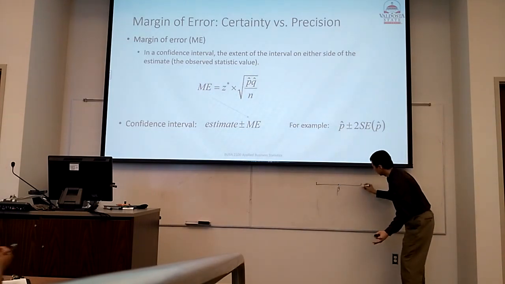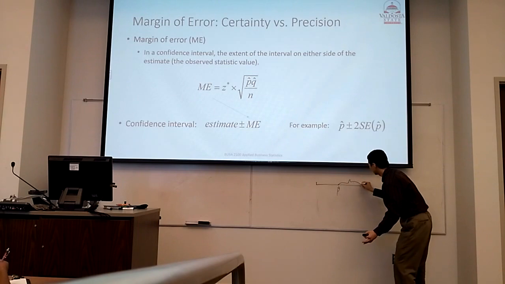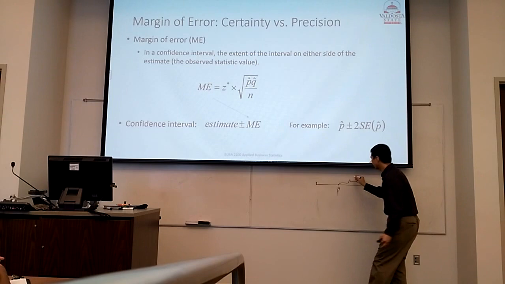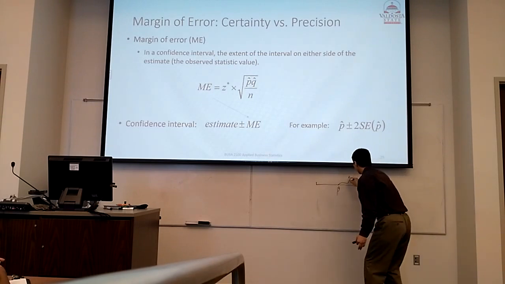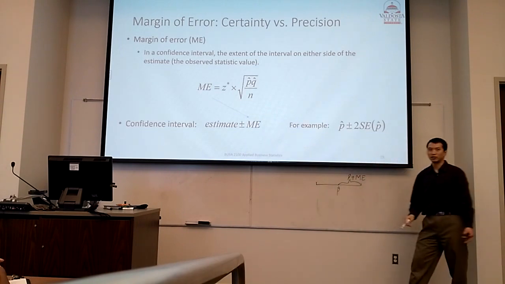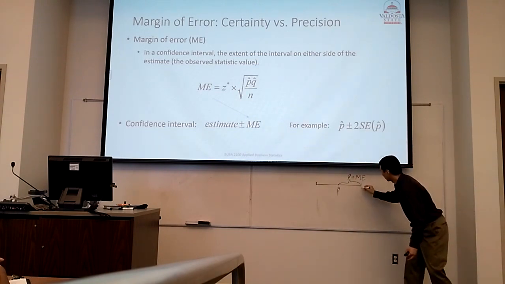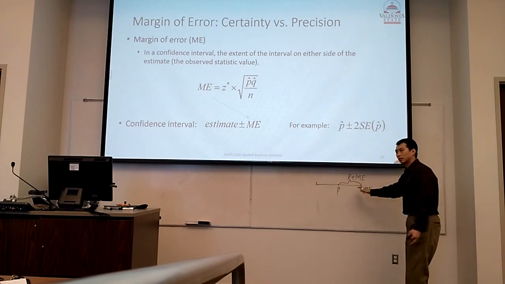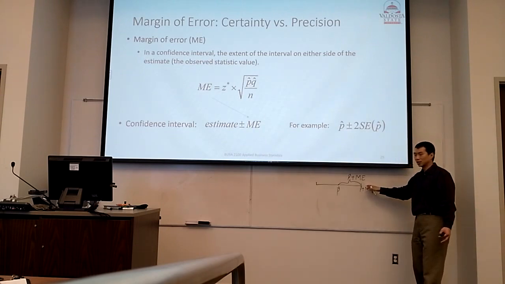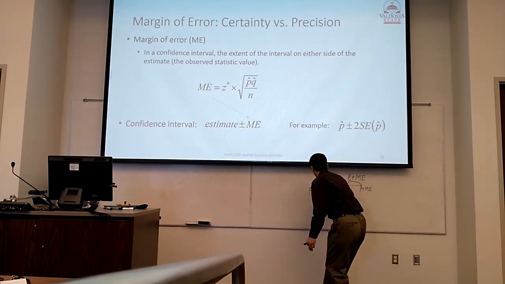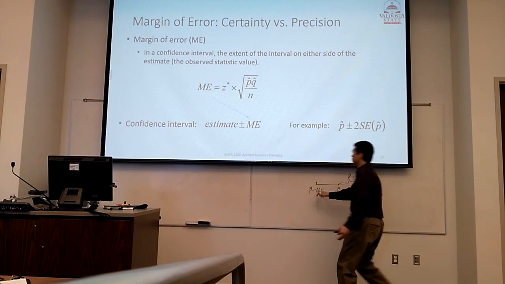So this extent is the p-hat plus the margin of error. This is one boundary, and the other boundary is p-hat minus the margin of error.